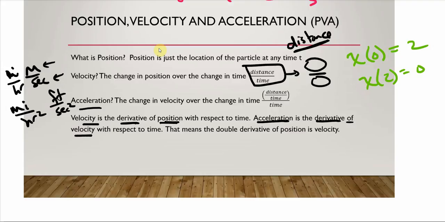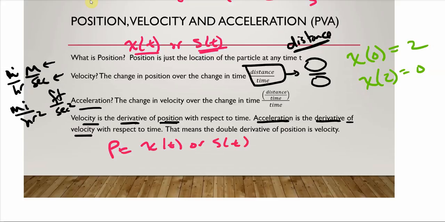Okay, so how would I write that down? What is the notation for position? The notation for position is x of t or s of t. Those are two very popular ones. Some books will use x of t and some books will use s of t. When I say position, P, I'm talking about x of t or s of t. When I talk about velocity, I'm looking at x prime of t or s prime of t.